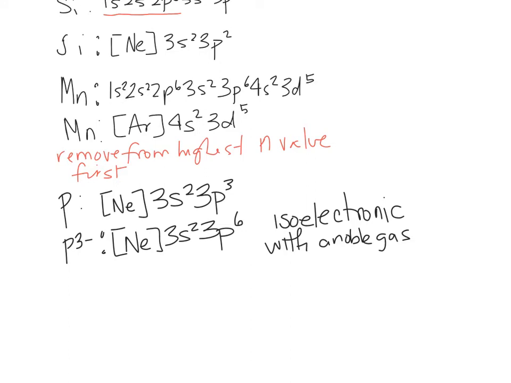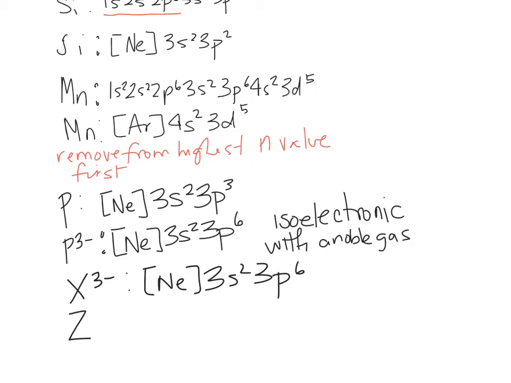I could have said you've got X3 minus, neon, 3s2 3p6, or I could have said you've got Z1 minus, neon, 3s2 3p6. What's the difference?